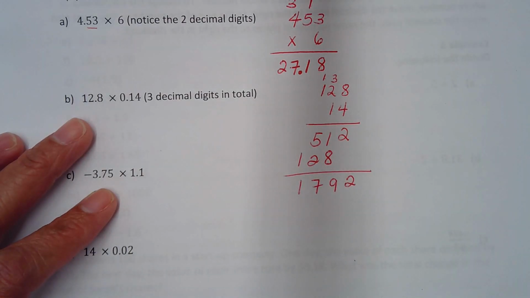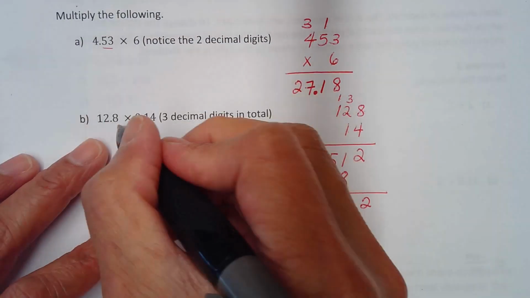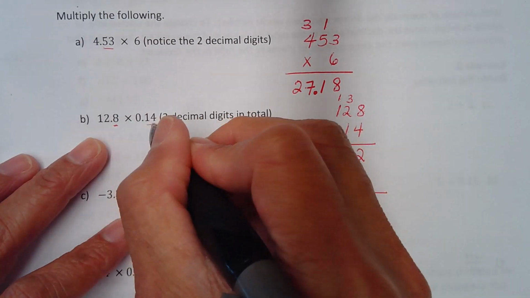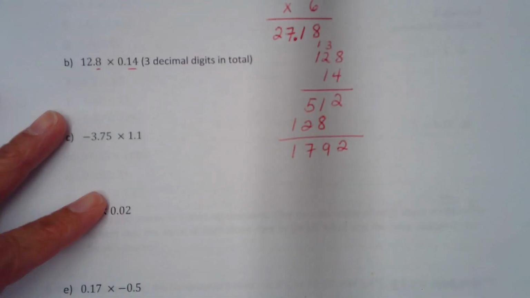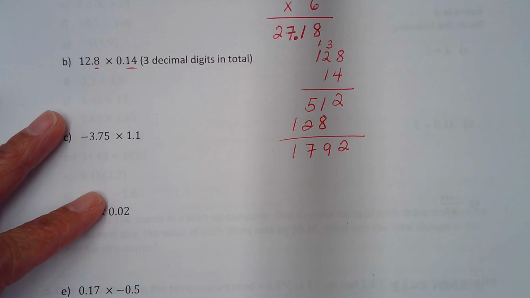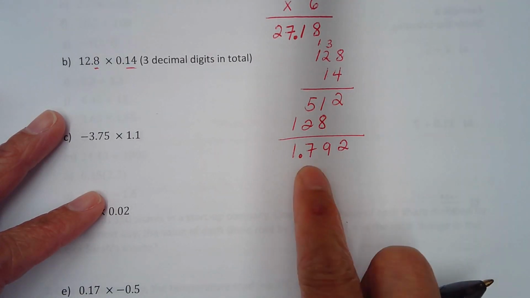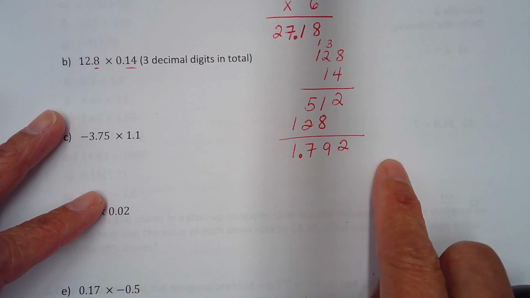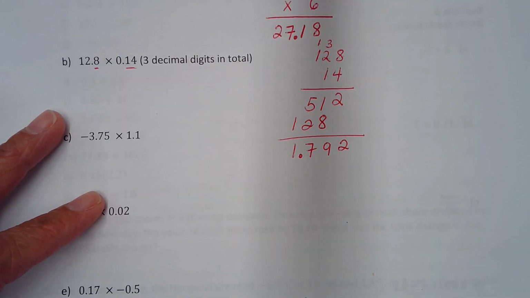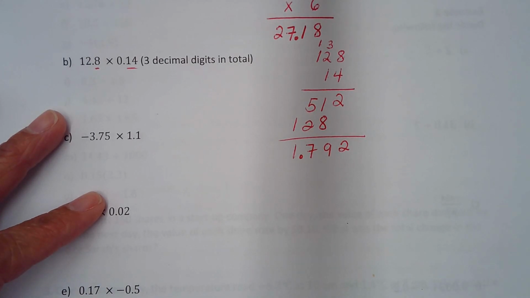Okay. So, how many decimals do we have? I got 1 decimal here and I got 2 decimals there. So our answer will have three decimal places. So that's going to be 1.792. I just wanted to show you both ways.